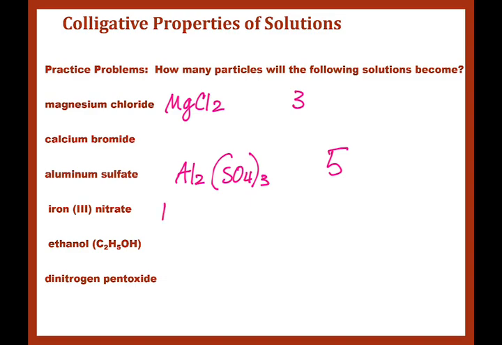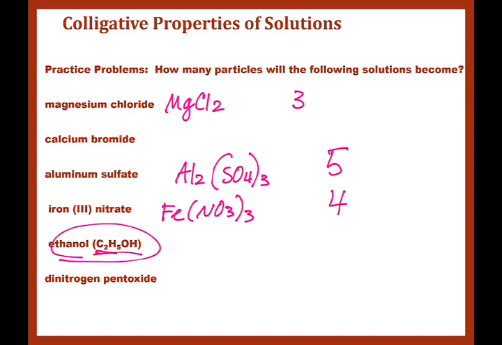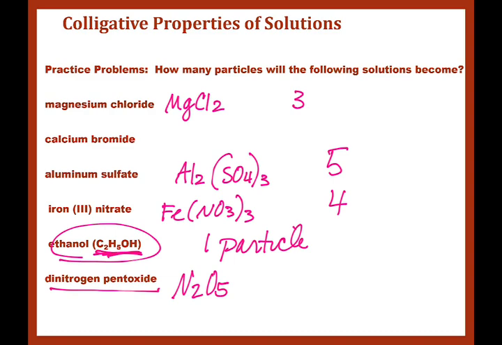Iron(III) nitrate is going to be 4 particles. Ethanol, we've got carbon and hydrogen here, so that's only going to be 1 particle. And then dinitrogen pentoxide, that is 2 nonmetals, so that is covalent, so that would also only be 1 particle. So you have to be able to recognize that for when we get ready to do our calculations. Okay?